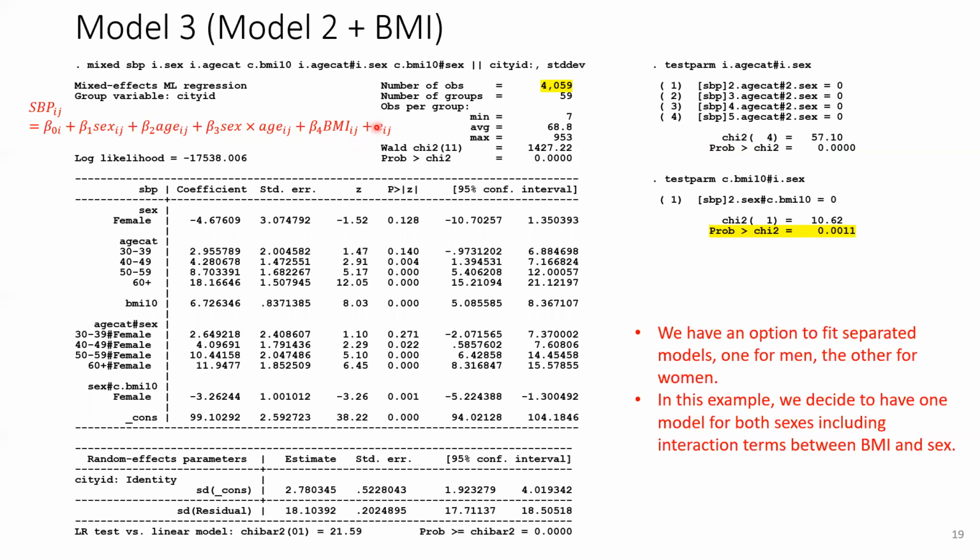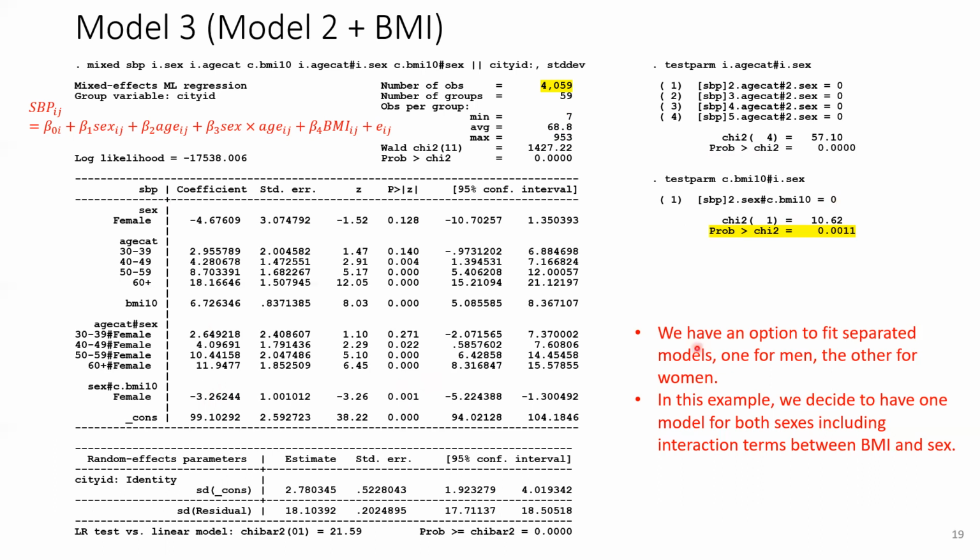So I run the model, and then coefficient for sex, age, BMI, interaction term between age and sex, and interaction term between sex and BMI here. And then this is a result of test if there is interaction between BMI and sex. Well, this result is identical to this p-value because there is only one term included.